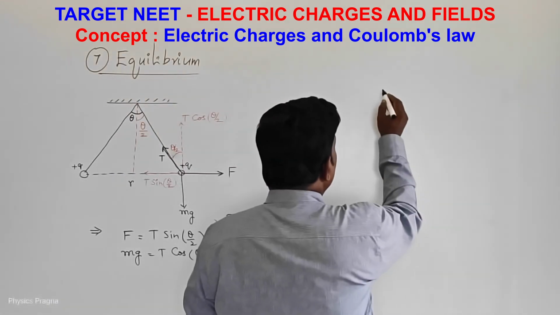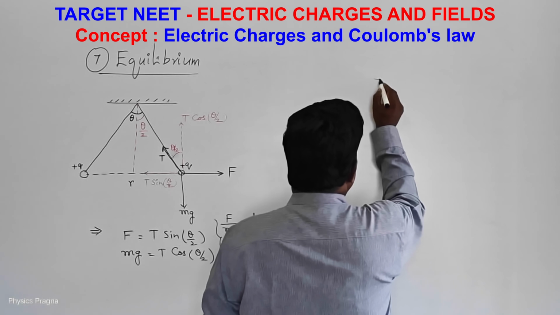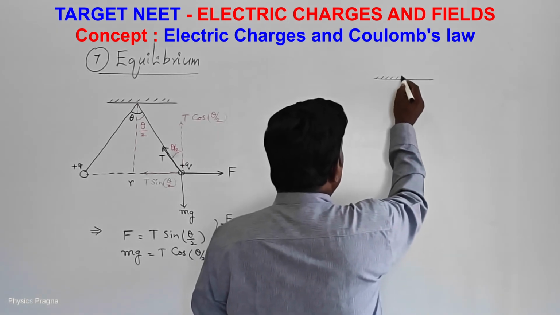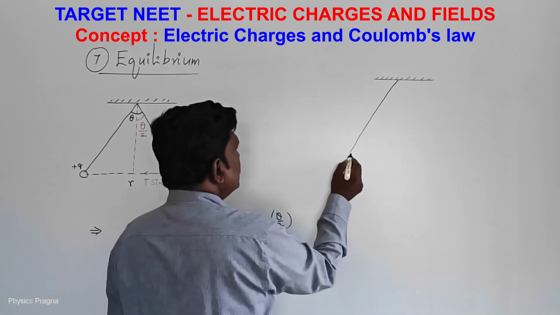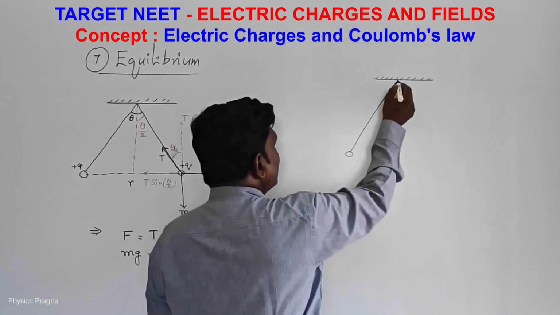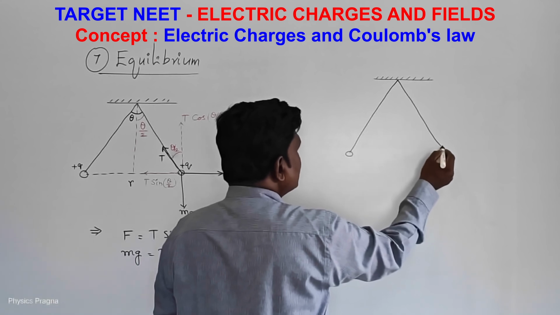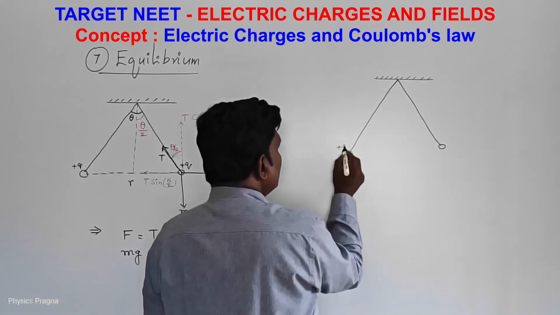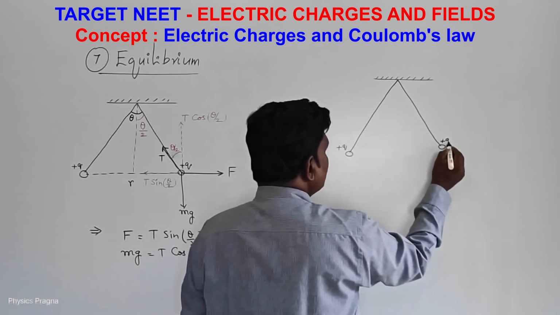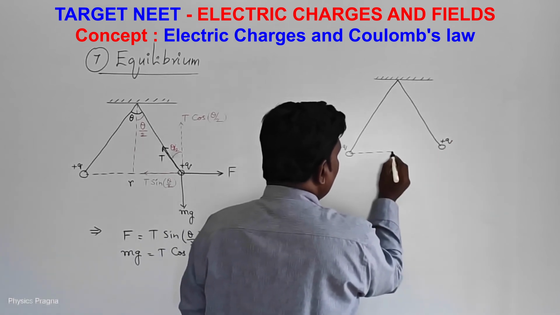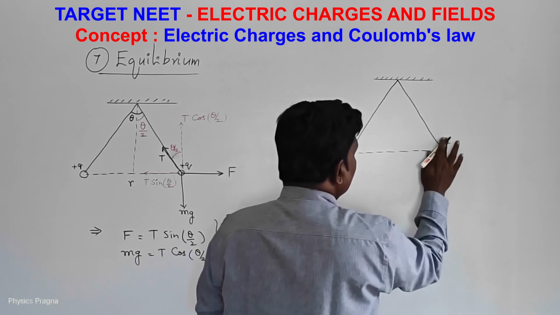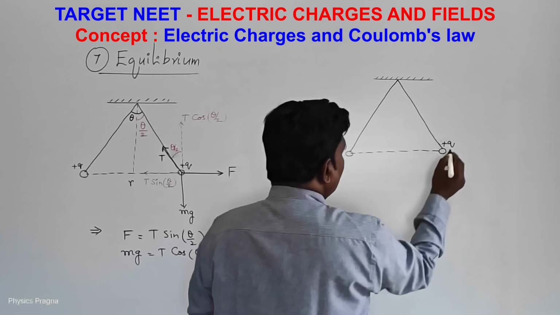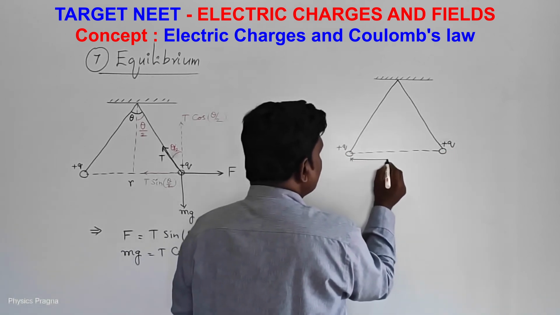So let us see, this is a rigid support, these are non-conducting strings, conducting spheres, this is a positive charge, this is also a similar positive charge, and they are repelled, and the distance between them is r.